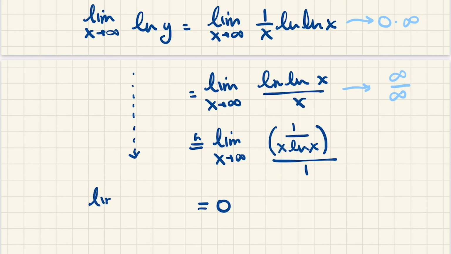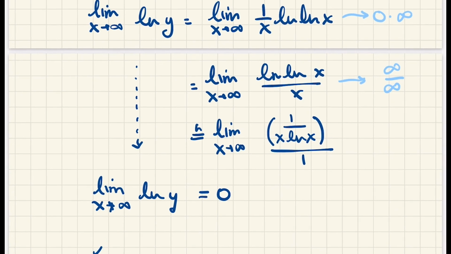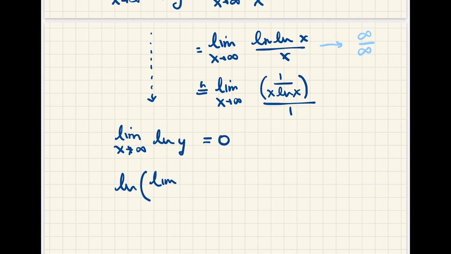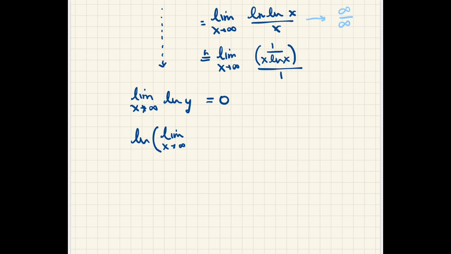That was the limit as x approaches infinity of ln of y. So let's push the limit inside the natural log function, like so. Because natural log is continuous, we can now exponentiate both sides, which gives us 1 on the right-hand side. And, well, what was our y?